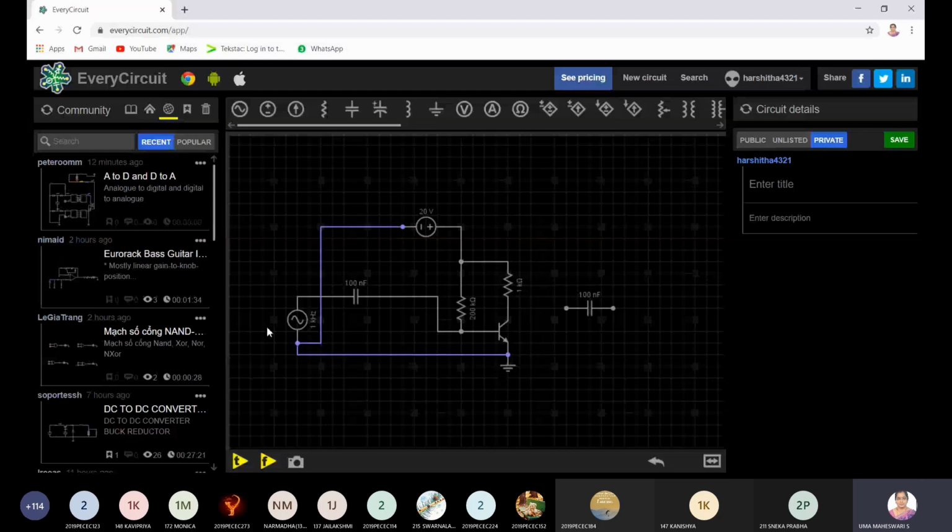So the emitter, the negative end of the function generator, and the negative end of the supply all get grounded now. Then the collector terminal should be connected to the other end of the capacitor. I want a load resistance value of 1K, so this 1K is placed here.